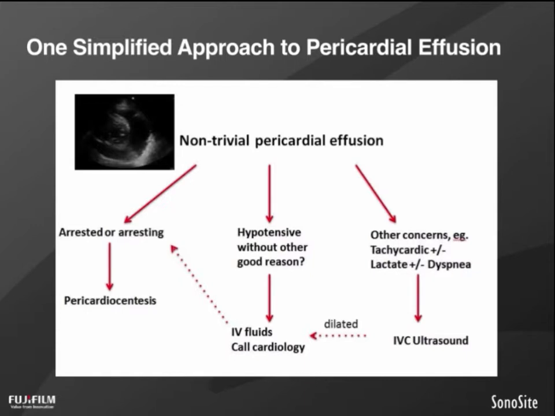This is my synthesis of years of doing both critical care and echocardiography at the point of care. You will have your own, or your institution may have its own protocol, but I think this captures the three general lines of thought and clinical presentations you may face with a non-trivial pericardial effusion.